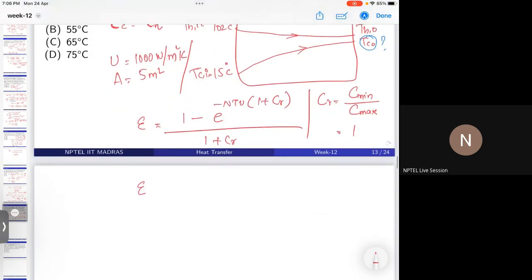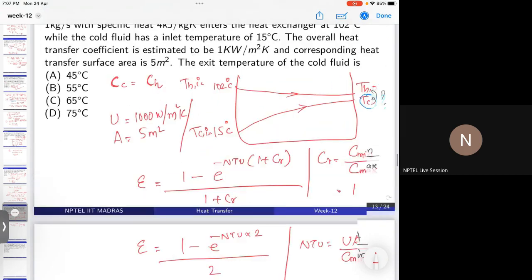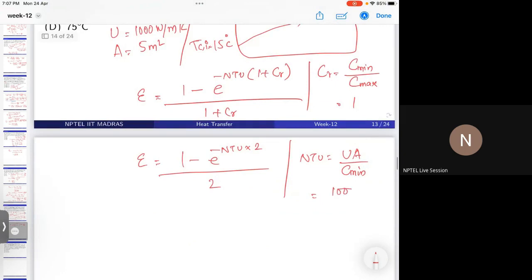So the effectiveness is equal to 1 minus e raised to minus NTU times 2, divided by 2, right? What is NTU? That is the number of transfer units, which is UA divided by C min. UA is given, that is 1000 into 5, divided by C min.